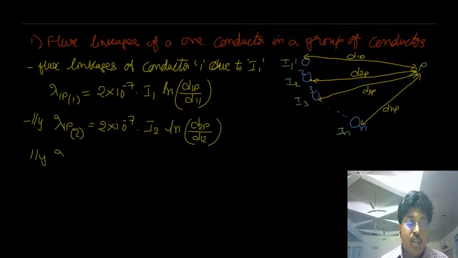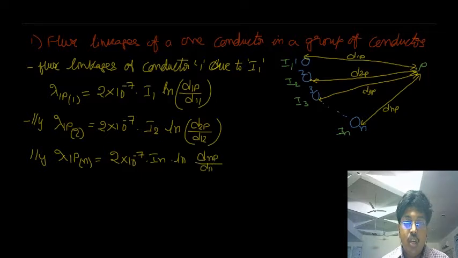Similarly, due to the current In in conductor N, it is given as lambda 1P(n) equal to 2 into 10 power minus 7 into In into logarithm of DnP by D1n. These are the flux linkages of conductor 1 due to each conductor current I1, I2, I3, and so on, up to In.